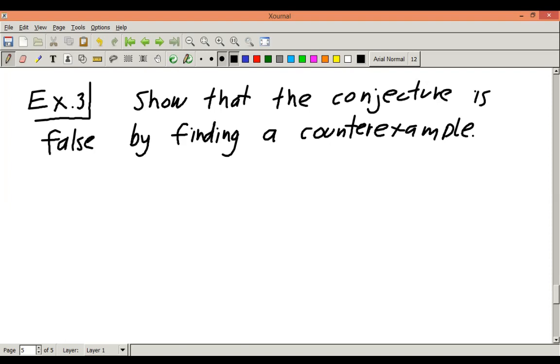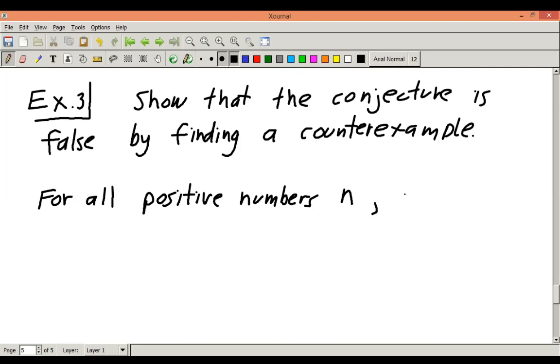Okay, so this time the conjecture comes in the form of some algebra. So here's the conjecture. For all positive numbers n, so any positive number you can put in for the variable n, the conjecture is that 1 divided by n is less than or equal to n.